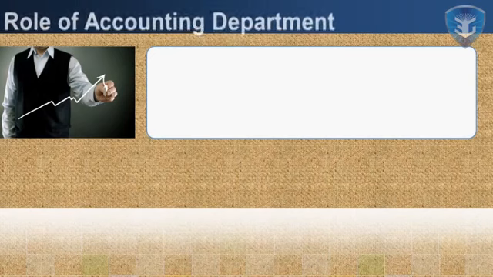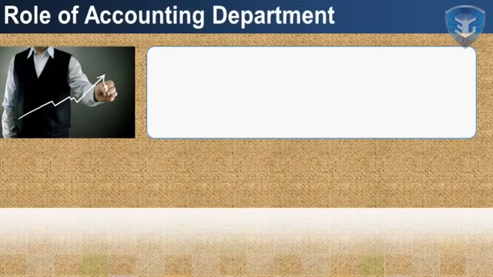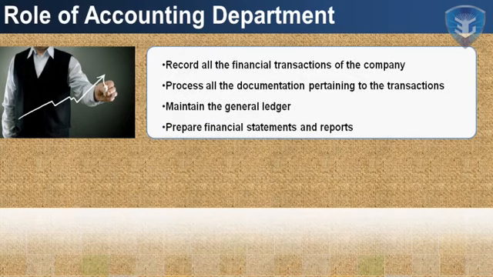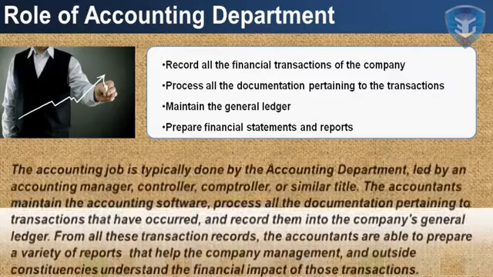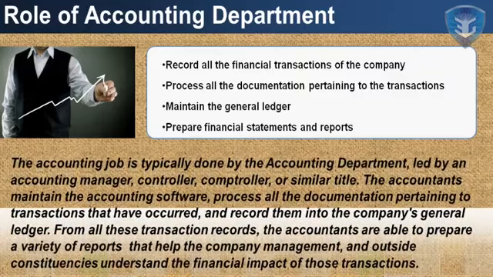Role of accounting department. The accounting job is typically done by the accounting department, led by an accounting manager, controller, or similar title. These folks record all the transactions that occur as the company does its business and then prepare reports that help the company management and outside constituencies understand the financial impact of those transactions.